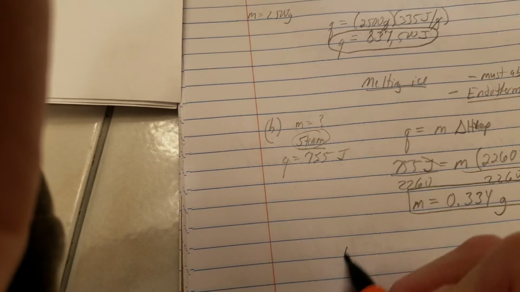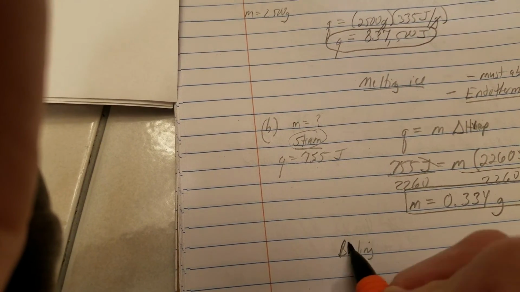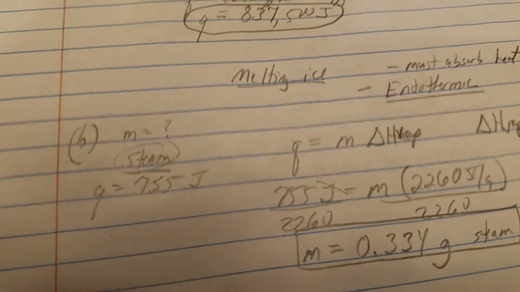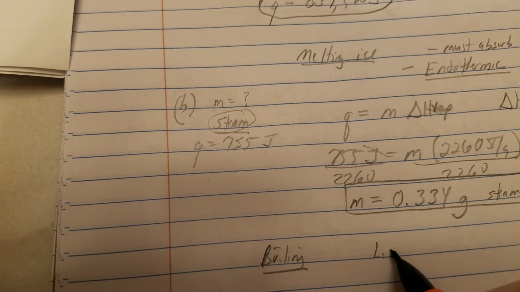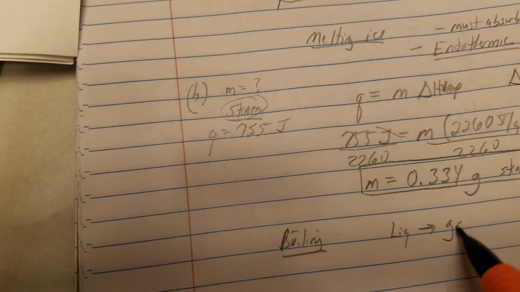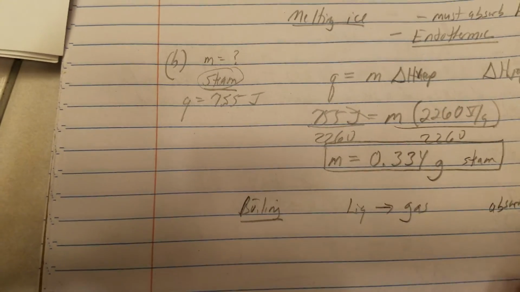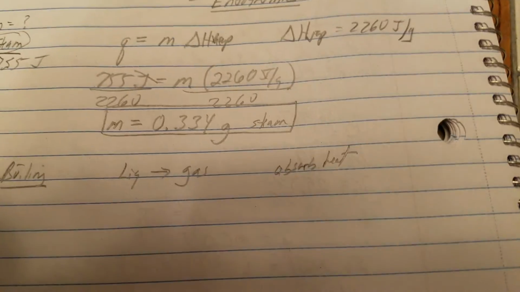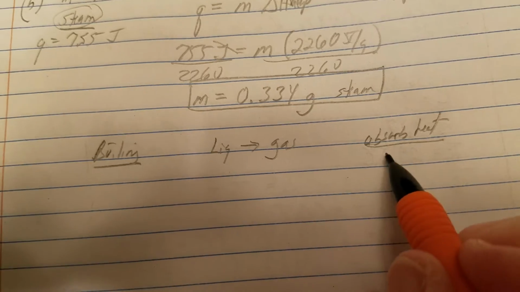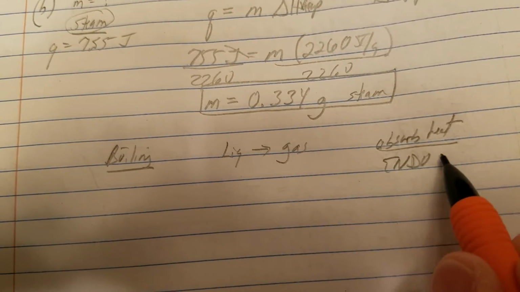Now if you're boiling something, then you're taking a liquid to a gas, which means the liquid has to absorb heat. So if you're absorbing heat, that is also an endothermic process.